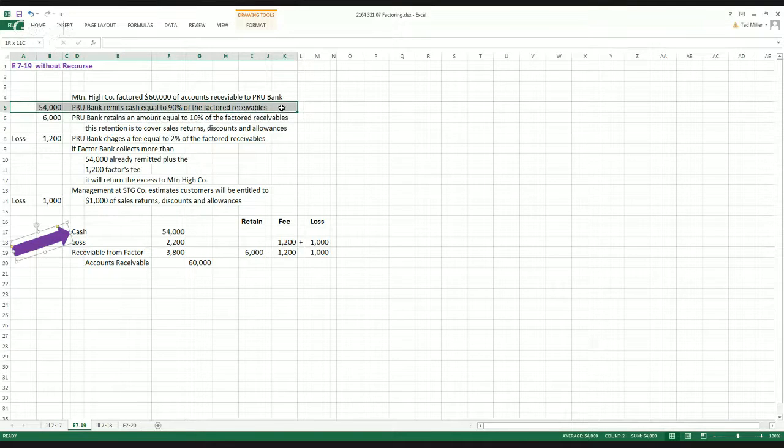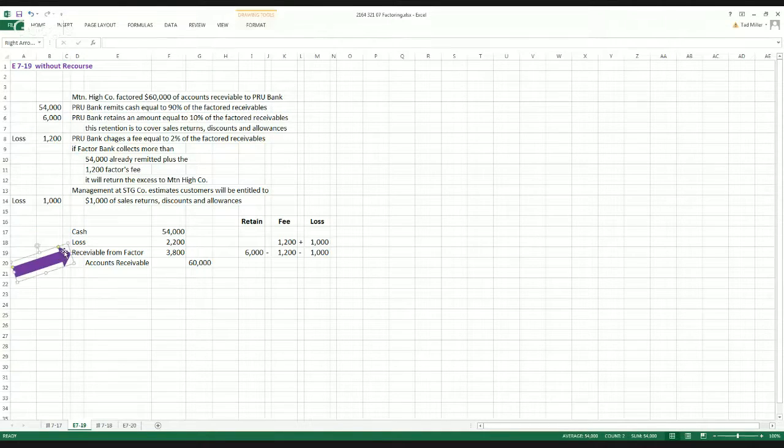Prue Bank remits cash equal to 90% of the receivables, $54,000. We receive cash, we give up the accounts receivable. Prue Bank retains 10%, $6,000, the difference between the 54 and the 60, called retention, to take care of sales returns, sales discounts, and allowances.